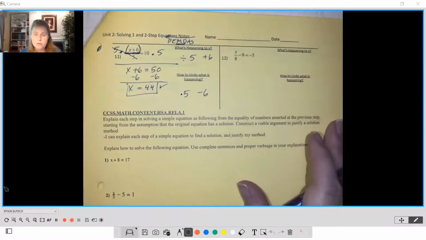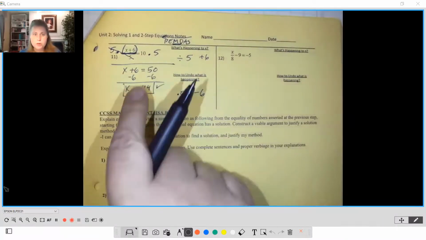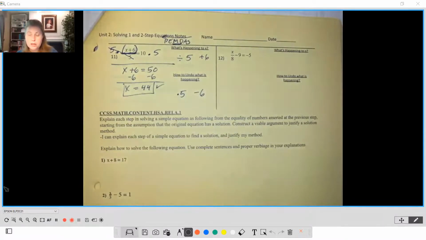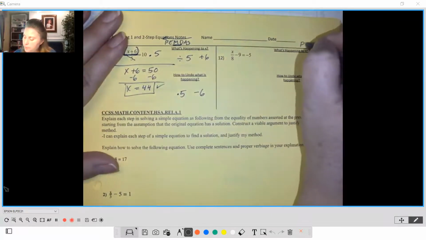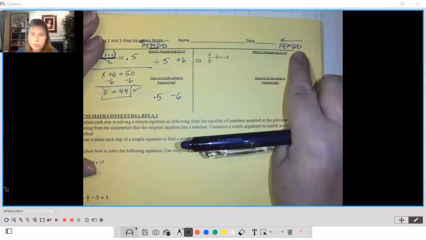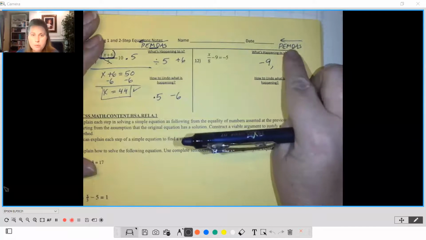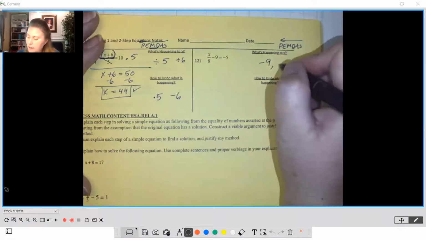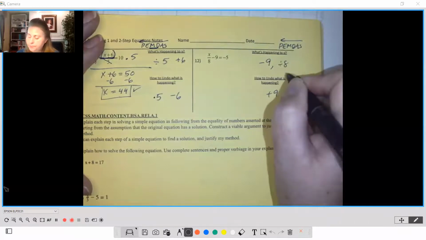Okay, number 12, a little bit simpler. We don't have that whole implied grouping symbol here with the numerator separating the denominator. Is there any adding or subtracting? Yes, there's a minus 9. Is there any multiplying or dividing? Yes, there's a divide by 8. So we will add 9 and then multiply by 8.